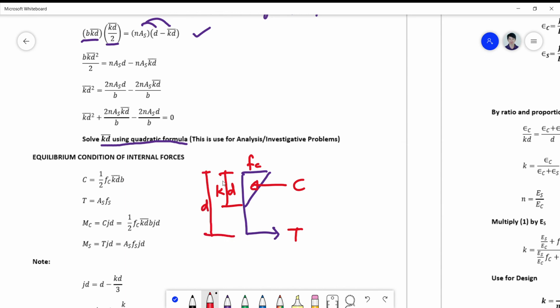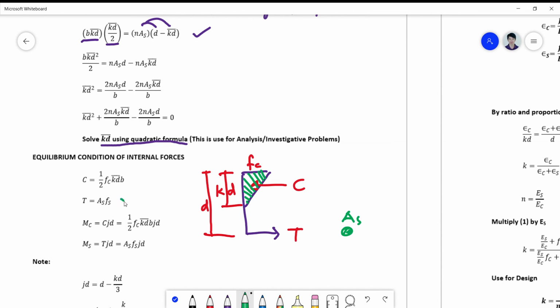Okay, so C is simply the area of this triangle here, 1/2 fc kd b. And T is simply equal to the steel area As multiplied by the stress. The stress here is equivalent to fs. So we know that that force is equal to the area times the stress.